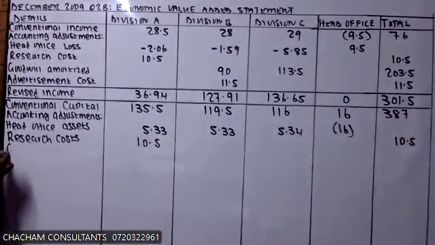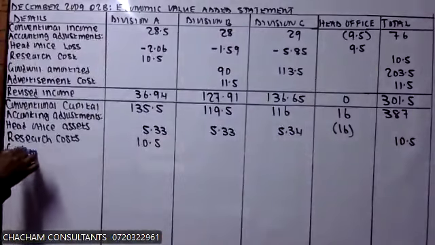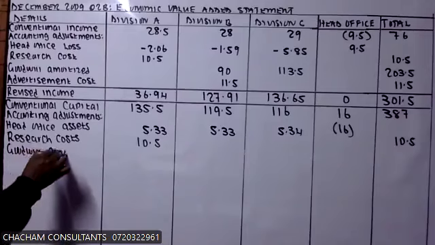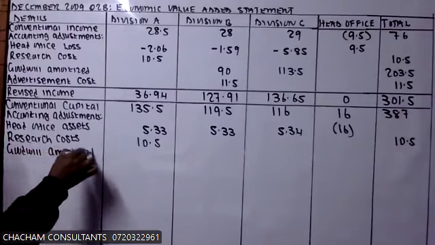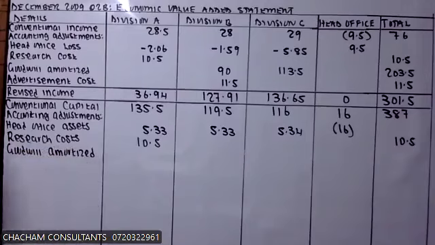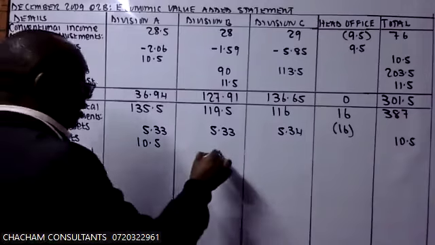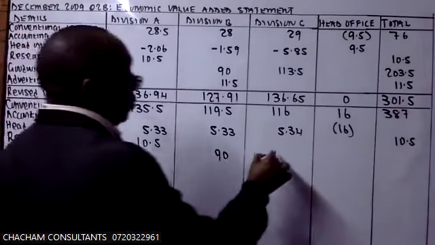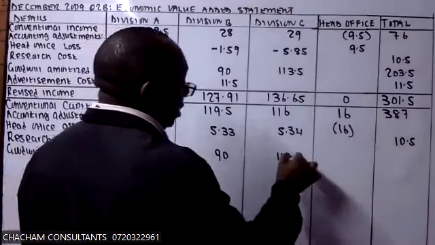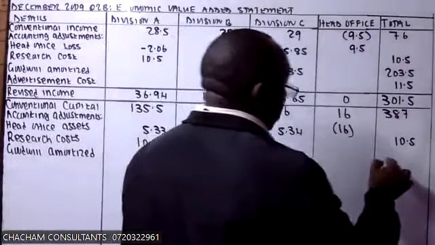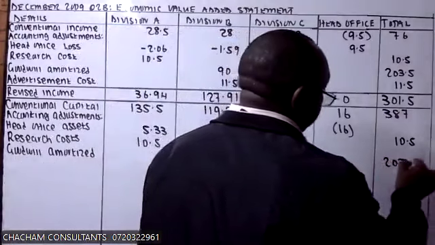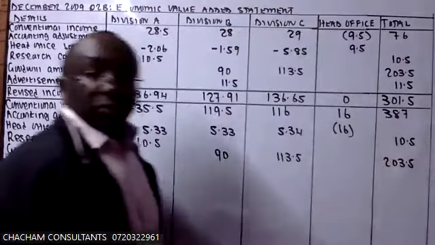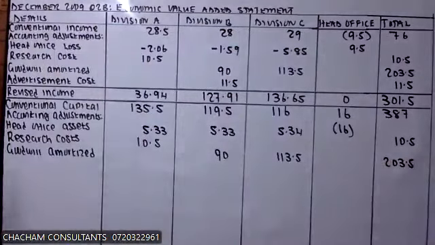Then goodwill amortized. We have 90 in B. We have 113.5. And we have 203.5.